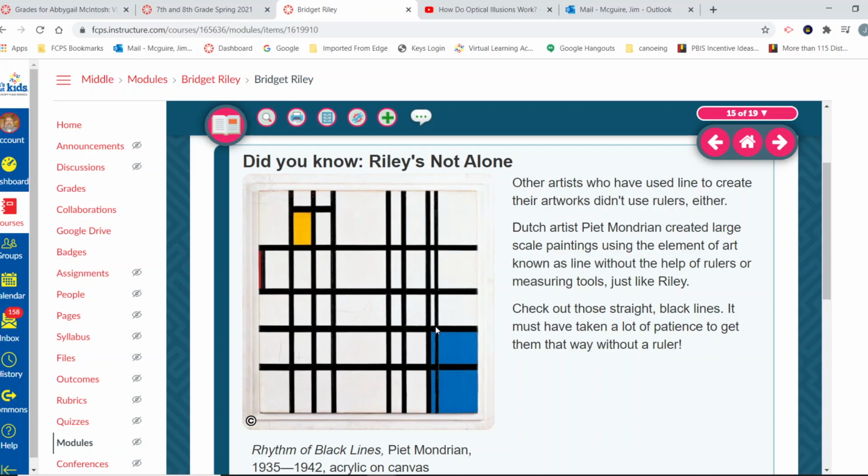When we look at how her work, which came later than his, resembles stylistically what he was creating, even if the purpose wasn't the same. He wasn't trying to create optical illusions necessarily here. He was looking at how the eye looks at line and creates movement with line.